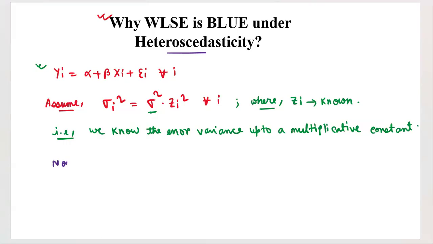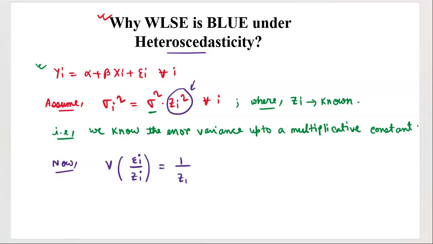For that, you have to use a method. You will consider epsilon i upon zi. The process is: whatever term you have here, take the square root of that. So the square root of zi squared is zi. Suppose instead of zi squared you had only zi; then in the denominator you would have root zi. Whatever term you have, just take the square root of it. Now, if you write the variance in this fashion, what will it be? The zi's are known values, so they are constants.